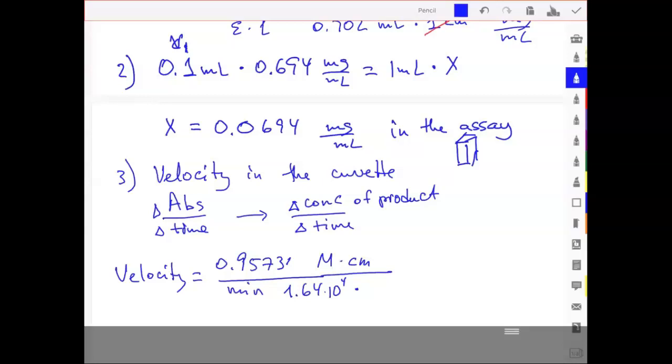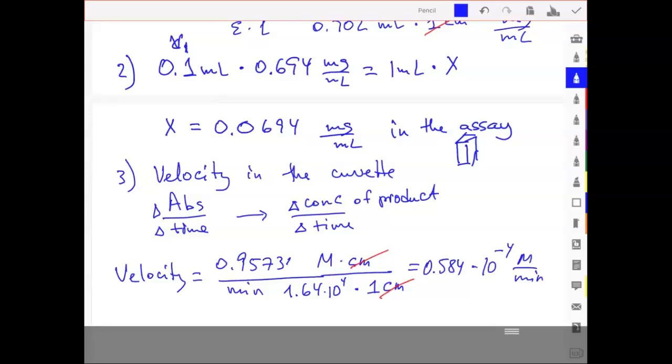And then we also need 1 centimeter here. So let's cancel out the units we don't want. And we'll get molarity per minute for units of velocity. And let me write that down as 0.584 times 10 to the -4 molarity per minute. Oh, sorry, forgot the factor here.